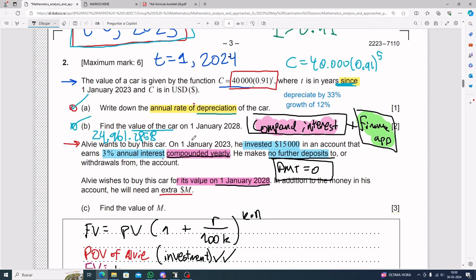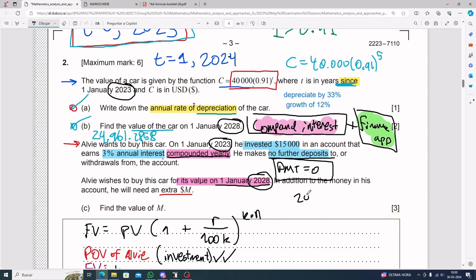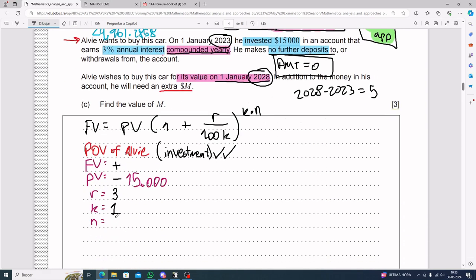Well, it's the same as before. Before we were comparing the value of the car in 2028 when it started in 2023. And in this context, Alvi wants to buy the car in 2028 and is initially investing in 2023. So the same approach is happening. You're doing 2028 minus 2023, and you find that the amount of years is 5, so n equals 5. See?